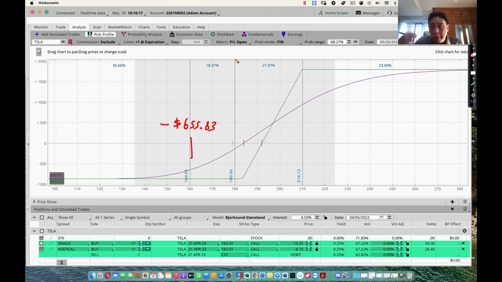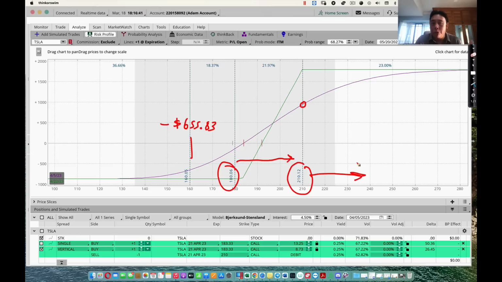Okay. Now, on the other hand, you can see that if Tesla from 180 goes up to 210, this is how much money you're going to make. Now, the great thing is that once Tesla goes to 210 or beyond, now time is working in your favor. Time is not working against you.